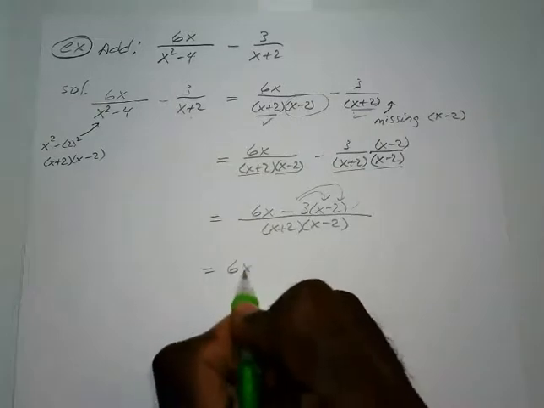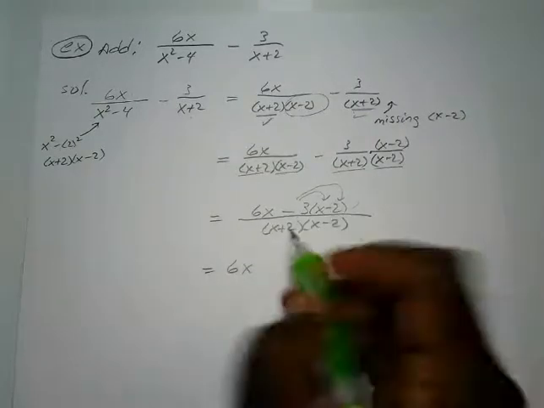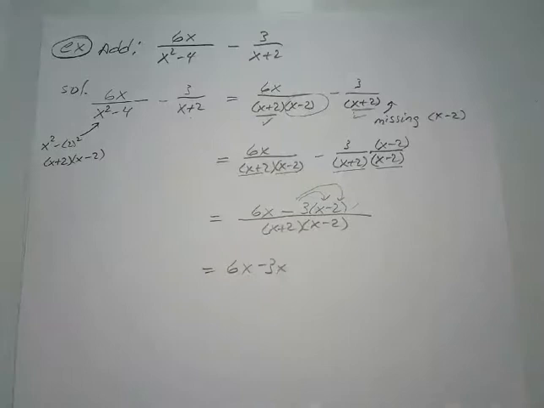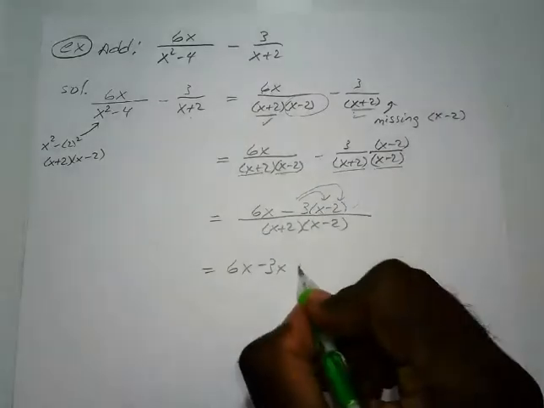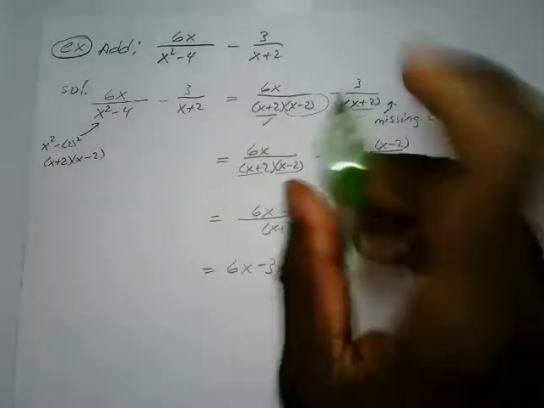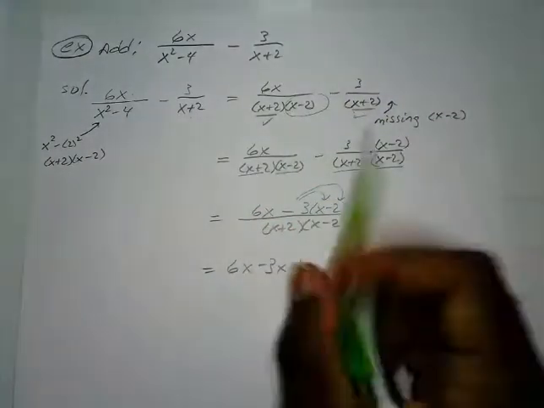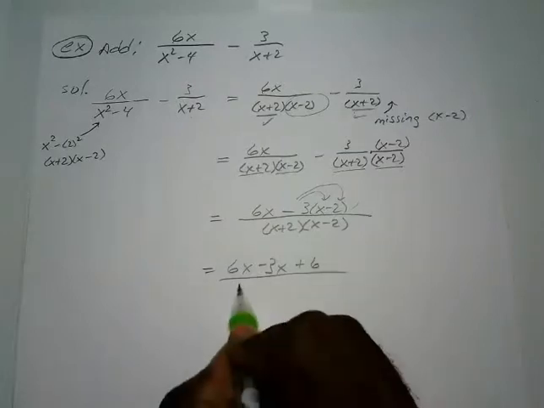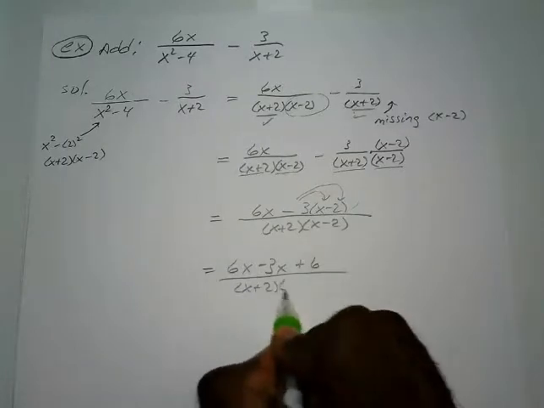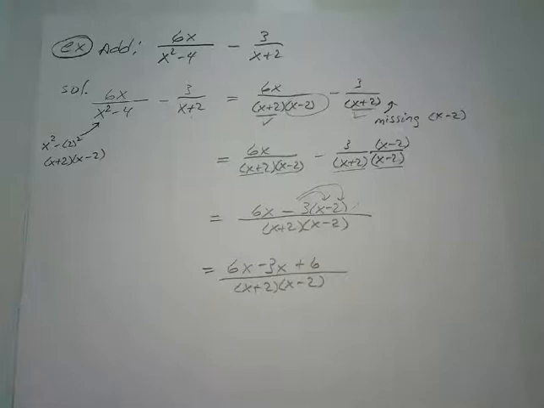Okay, so we have 6x. -3 times x is -3x. -3 times -2, oh, +6, sorry about that. All over (x plus 2)(x minus 2).